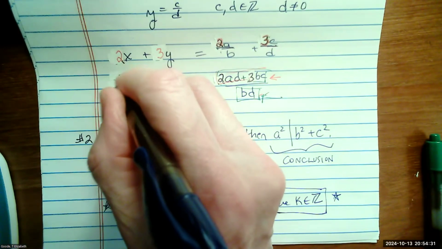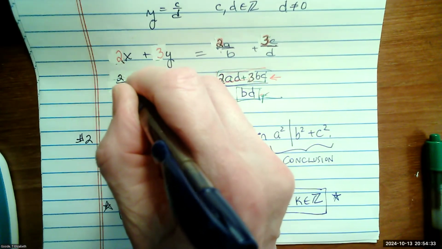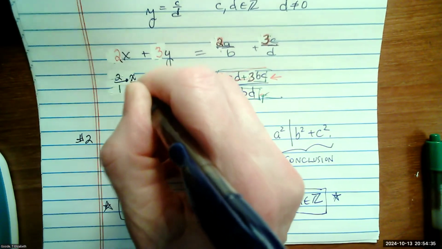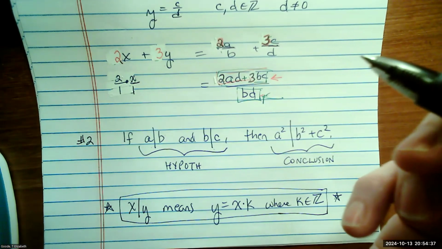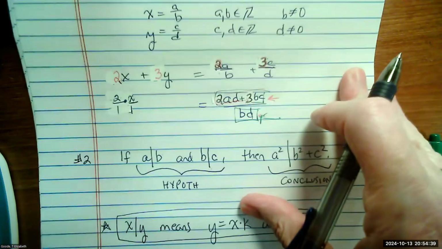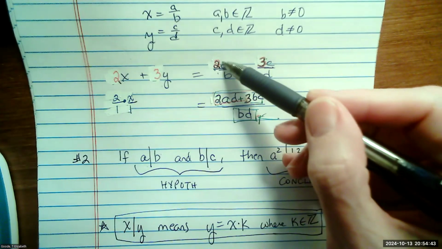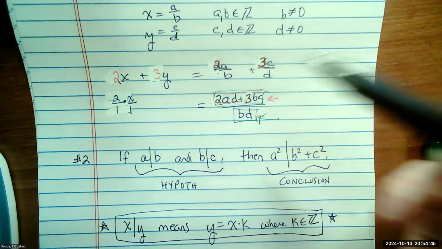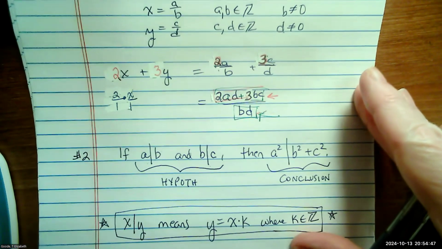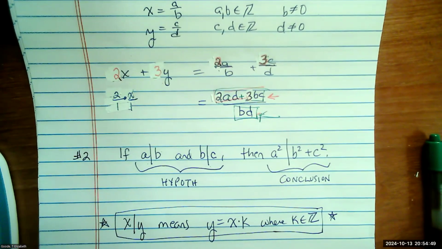Because 2X is really 2 over 1 times X over 1. But X is A over B. Yeah, that makes sense.